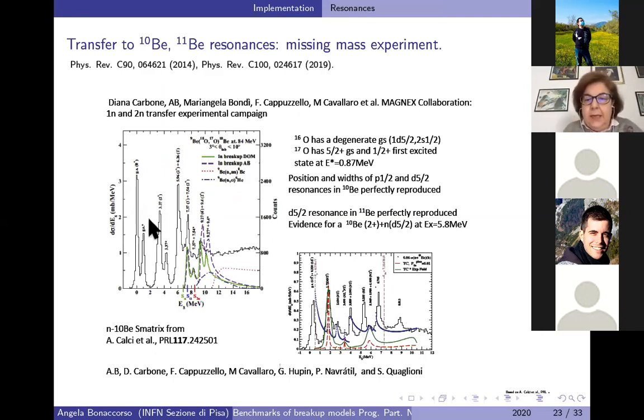And now, this is something else, but I want to tell you just quickly what this is about. When you do transfer to the continuum, so far we have been looking at this knockout, okay? But one can look also more explicitly, doing exactly the same type of experiment, a sort of missing mass experiment.